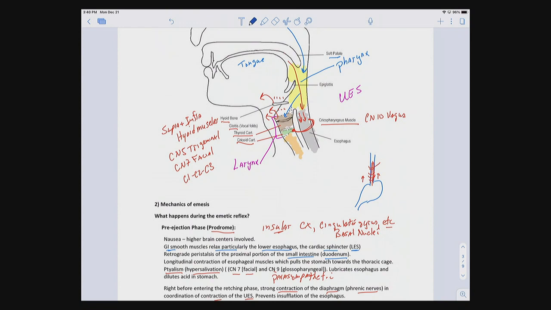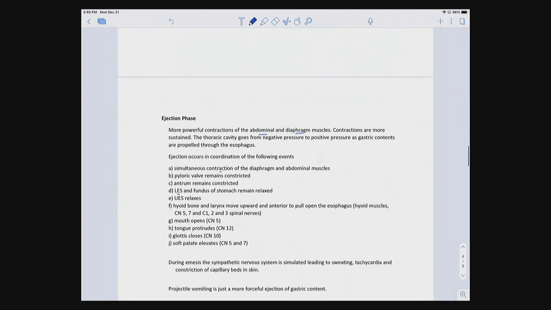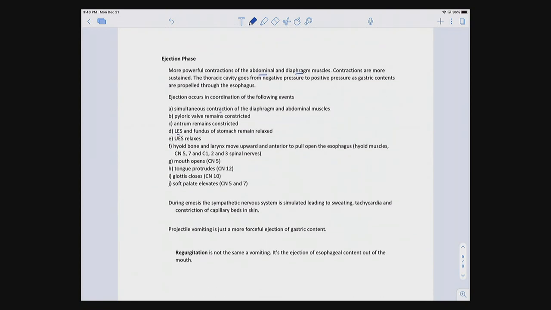So you have a relaxed upper esophageal sphincter, and then the larynx and the hyoid bone move anteriorly and upward. Well, the same thing happens during the ejection phase. The hyoid bone and the larynx move up and anterior and literally pull open the esophagus. Again, it's a coordination of several of these hyoid muscles, and cranial nerve 5, cranial nerve 7, and three spinal nerves are involved in this coordinated movement.